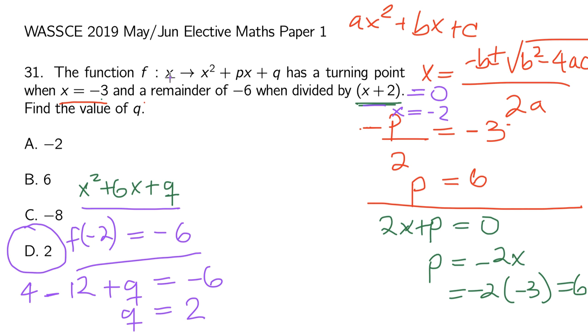correct. So we know now that we found q to be 2, our f of x is equal to x squared plus 6x plus 2.